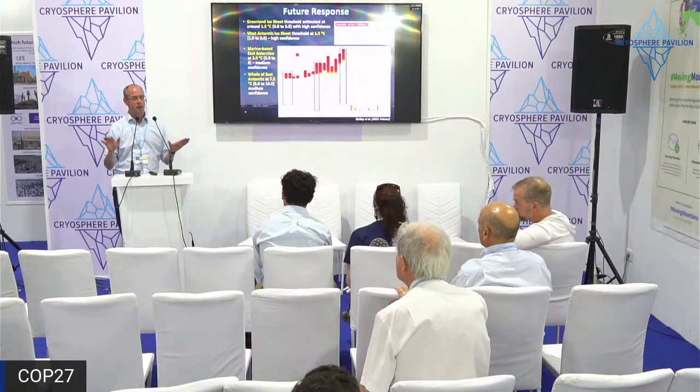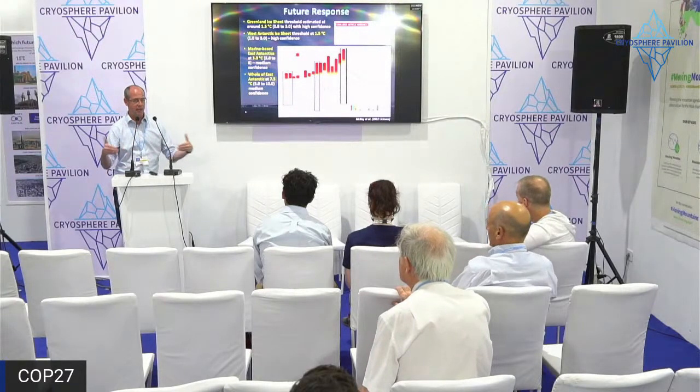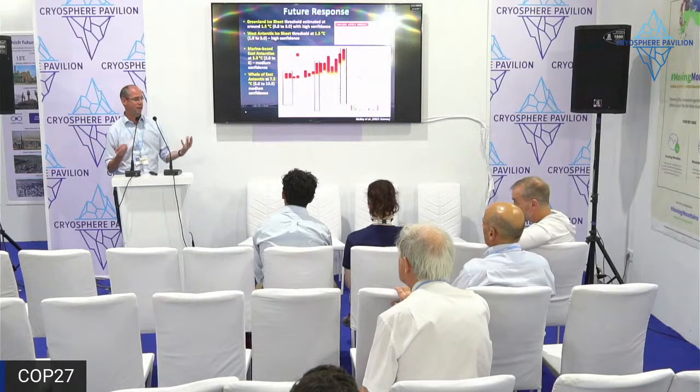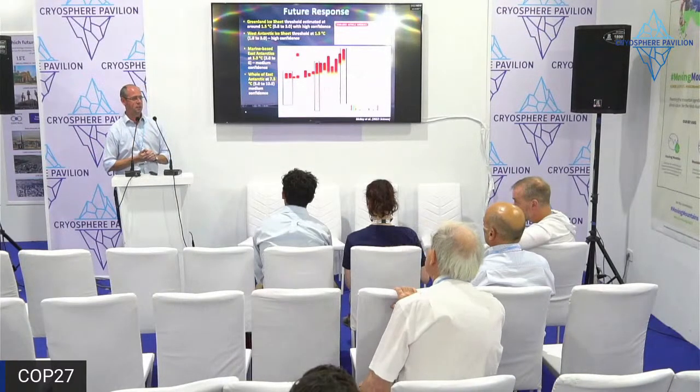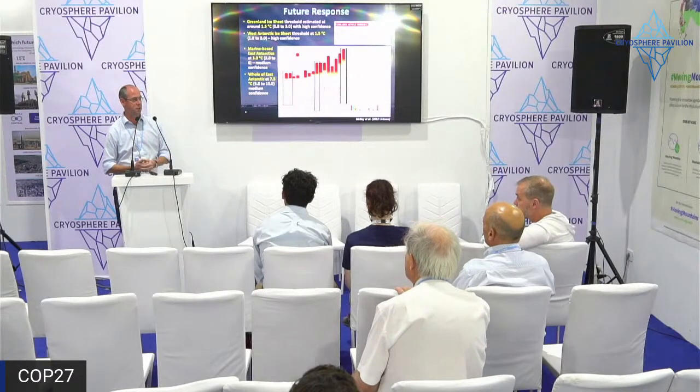So the models do have those processes in, whether they are fully able to represent them at the scale that's needed, because necessarily the model cells are quite large. Well, that's another question. But yeah, I think the models are going to have to improve to be able to represent some of these processes that you've alluded to.